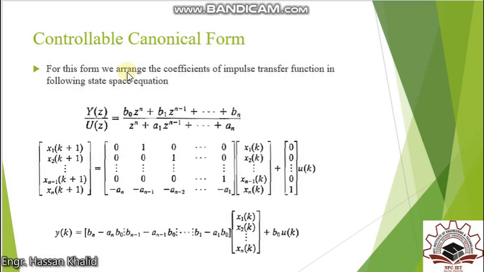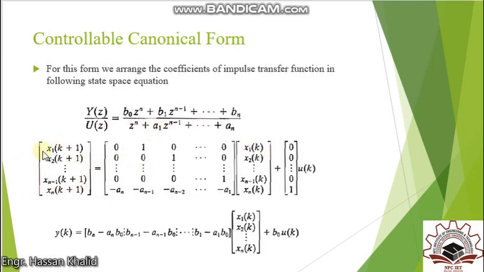Now in the controllable canonical form we will use the pulse transfer function as a reference, and we will arrange the coefficients of the numerator and denominator to form our controllable canonical form.